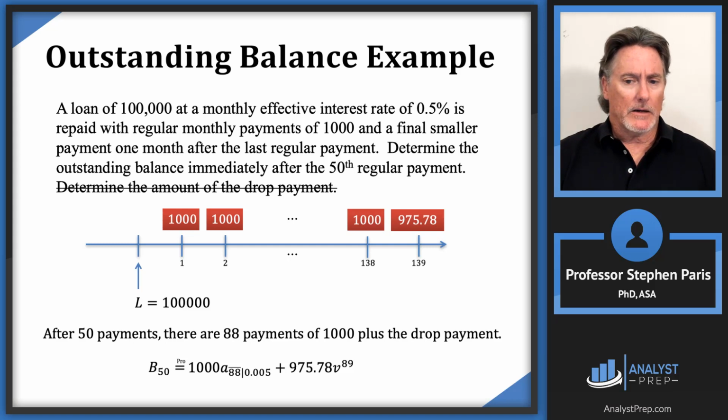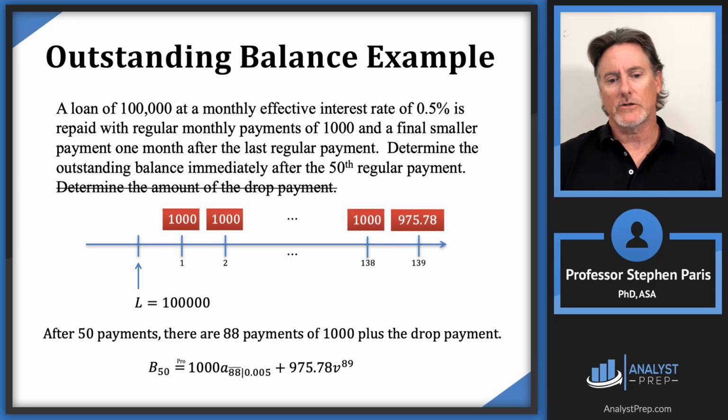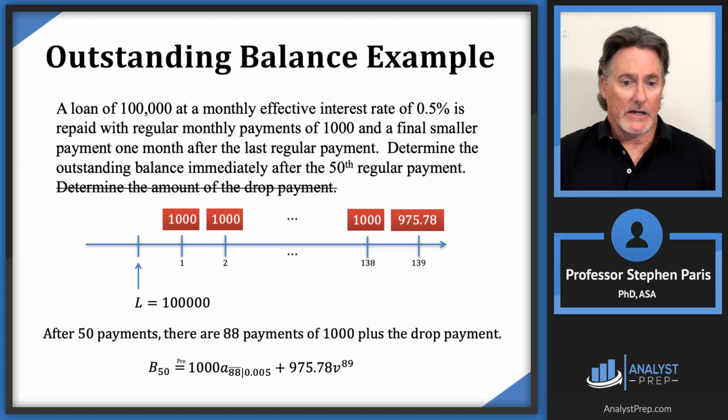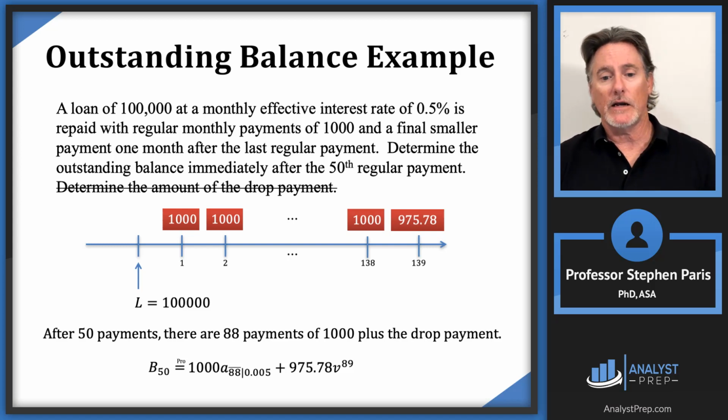Okay, a comment about this particular calculation. The last expression that you see there, the way that it's written right now, is a two-step calculation using the calculator TVM buttons, because I would be using an n value of 88, but I've got a v to the 89th power.